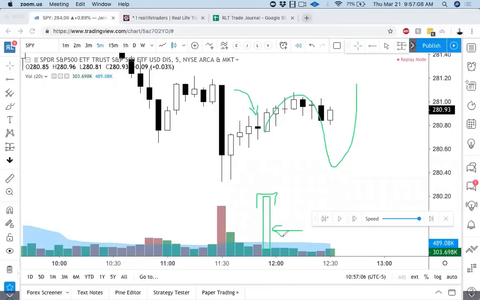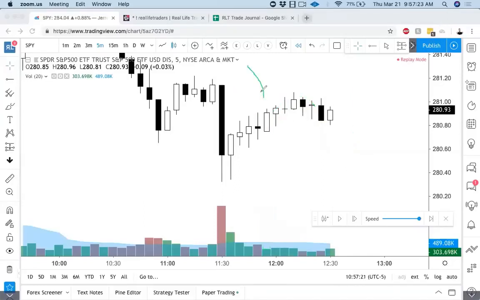When volume needs to increase to confirm a breakout, it needs to increase over time, not necessarily on the exact candle that does the breakout.